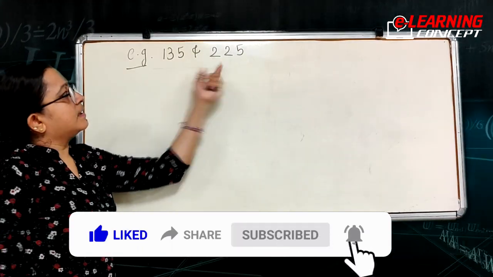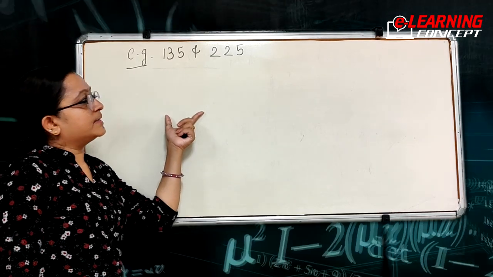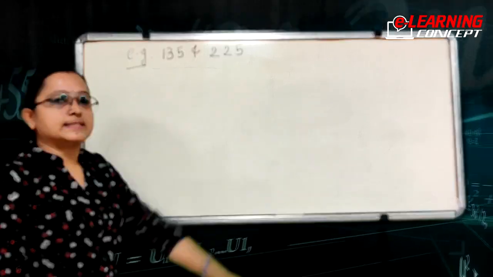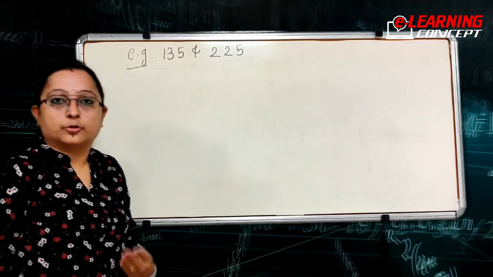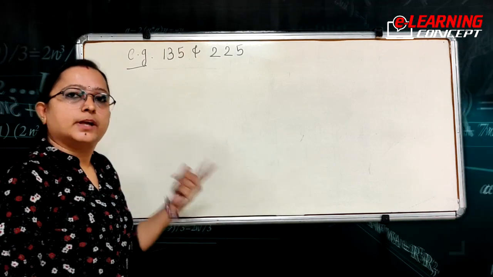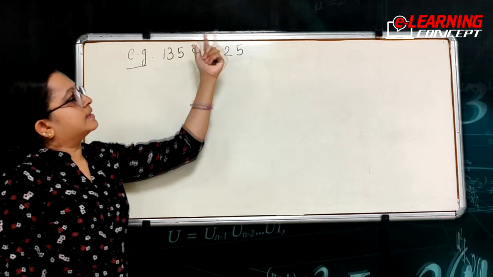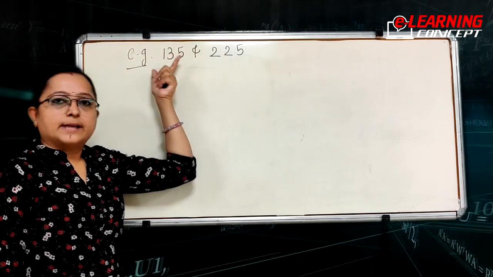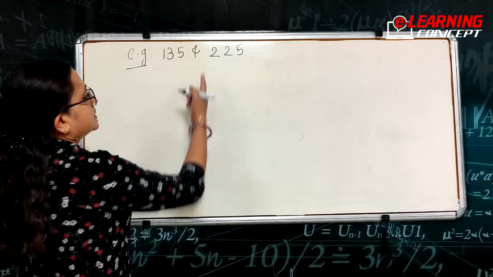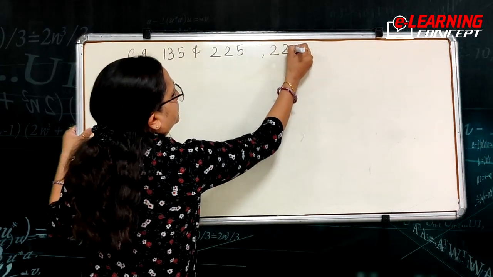So let us see whether by taking division algorithm, we are getting the HCF of these two numbers. HCF, you know, highest common factor of the numbers. So let us start. Obviously, when we are starting the division, the greater number will be divided by the smaller one.